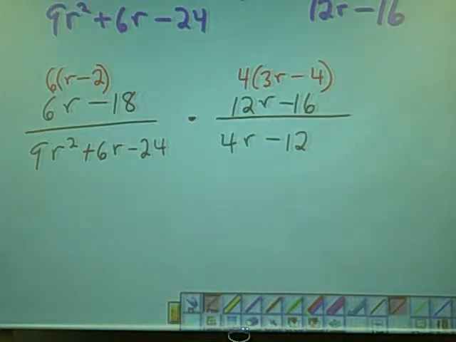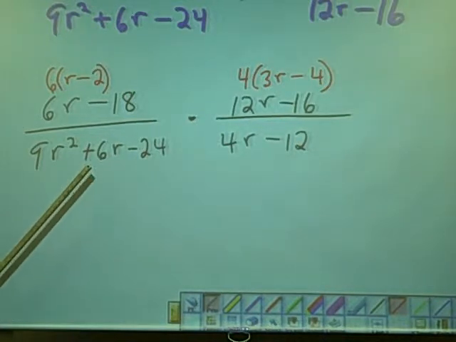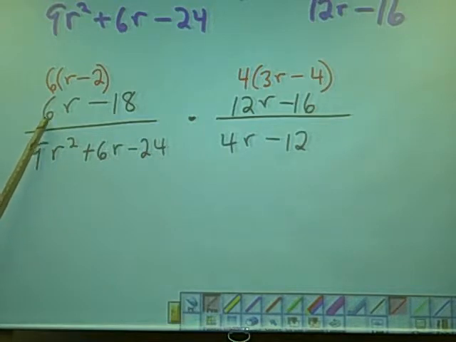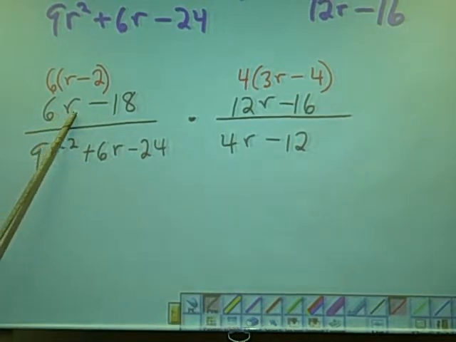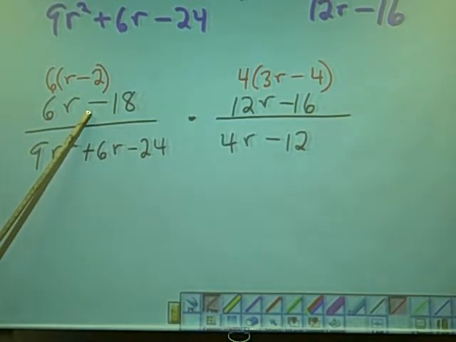Okay, a clue that can help is to start with the easiest of the factors. This one here is pretty easy because 6 goes into both 6 and 18, so that would actually be r minus 3 there.